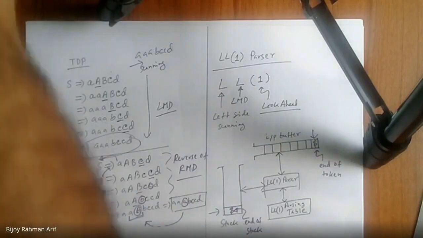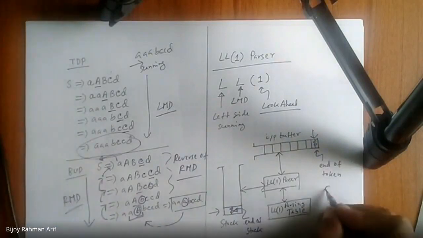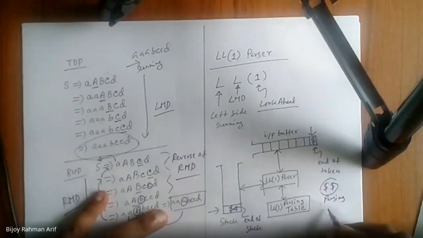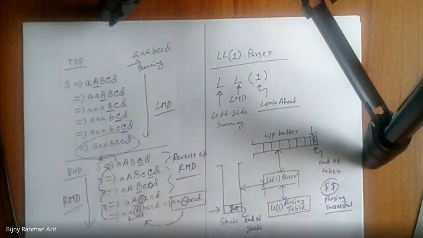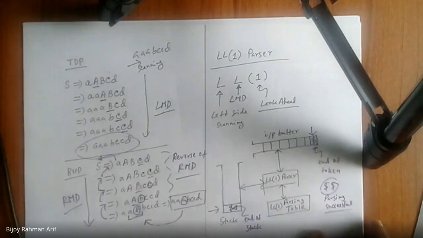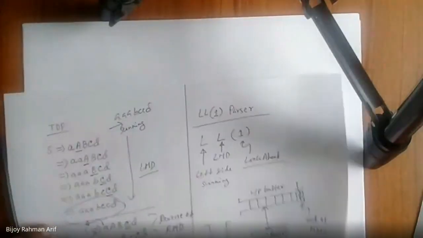When I get dollar and dollar, the parsing is successful. These dollars mean the end of the stack and the end of the buffer, and they are also like a sentinel guarding character. Is it clear to you guys? Okay, let's continue with the LL1 parser.